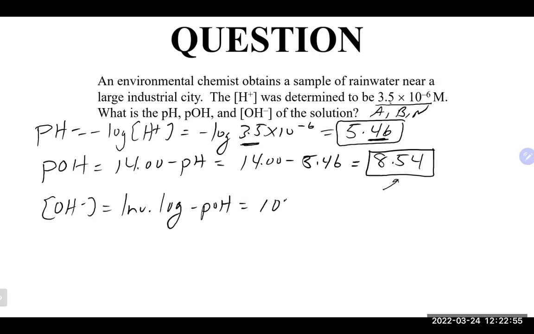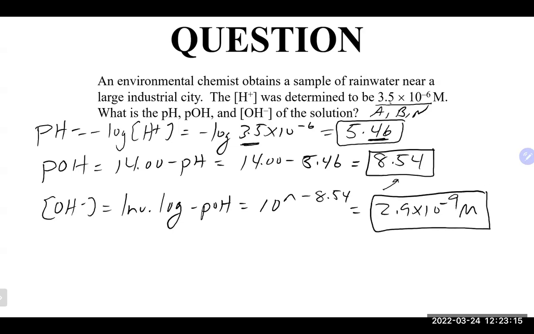When you hit that on your calculator, probably a 10 and a caret pop up, then 8.54, making sure it's negative. If I do that here, it looks like 2.9 times 10 to the minus 9 molar, since it is a concentration, it needs a unit. And that means that this one is acidic, basic, or neutral.